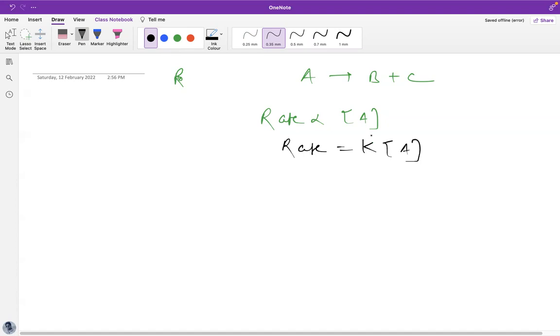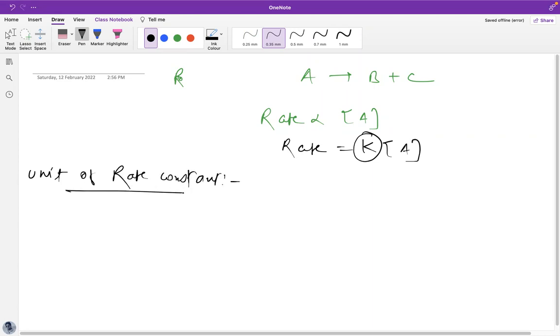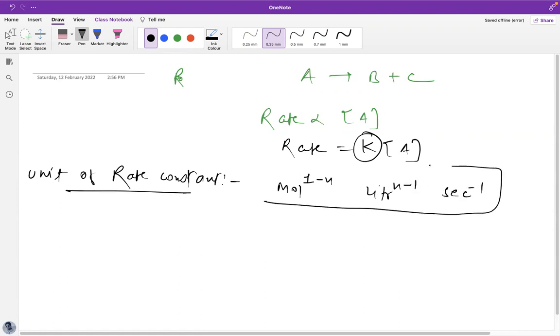Now I'm going to talk about the unit of K, the unit of the rate constant. This is very, very important. The unit is mole^(1-n) liter^(n-1) second^(-1). What is n? n is the order of reaction.